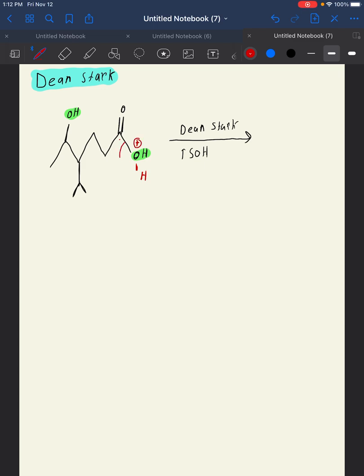Once that occurs, it can then leave, giving us an open orbital here. And then the lone pair from this oxygen can attack, but we don't have to resonate this in order for it to attack. The orbital's already open since the OH left as water.